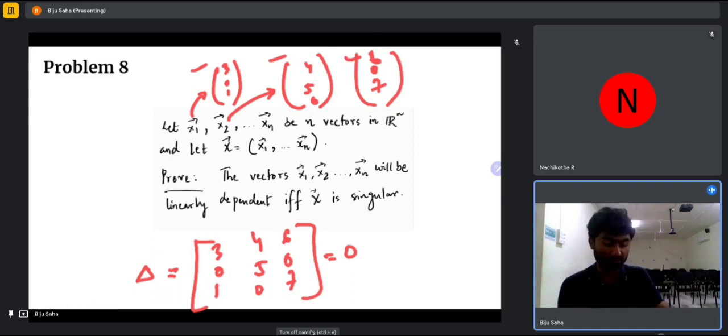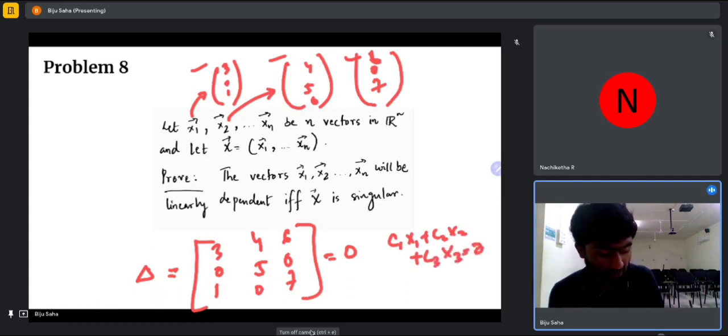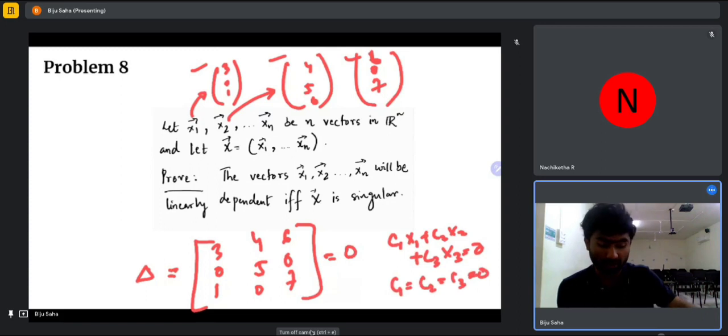The other way around is to write the vectors in this form and solve the simultaneous linear equations as we did for the Pauli spin case, and find out whether c1, c2, c3 are all equal to 0. If they are all equal to 0, then it is linearly independent. If one of them turns out to be non-zero, then it is linearly dependent. So either you can conclude by calculating the determinant, or you can check from the coefficient values.